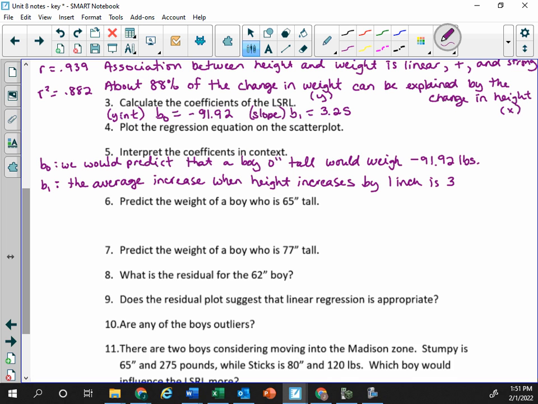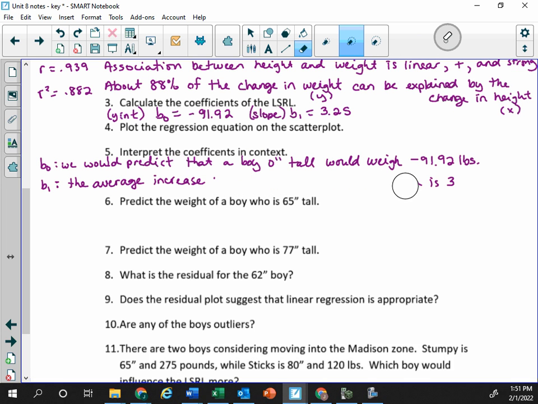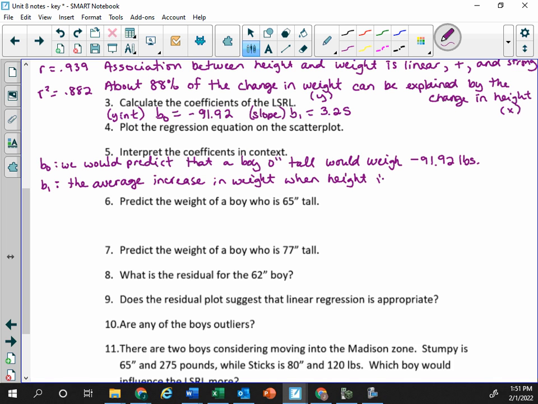Sorry guys, I left out words here. I just skipped what we're talking about. So the average increase in weight when height increases by 1 inch is 3.25 pounds.